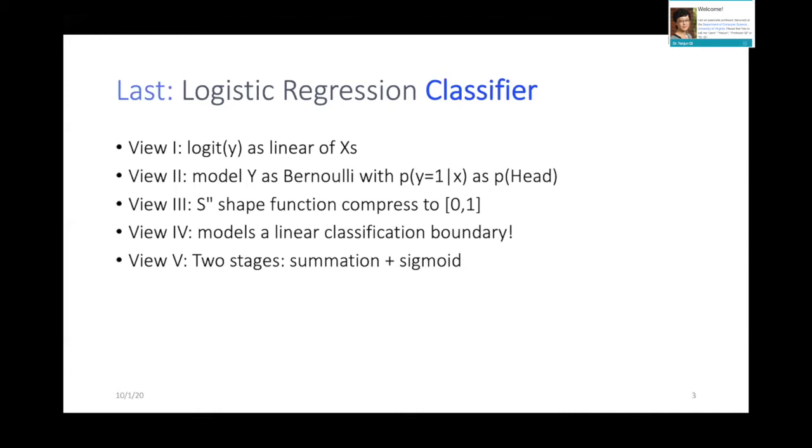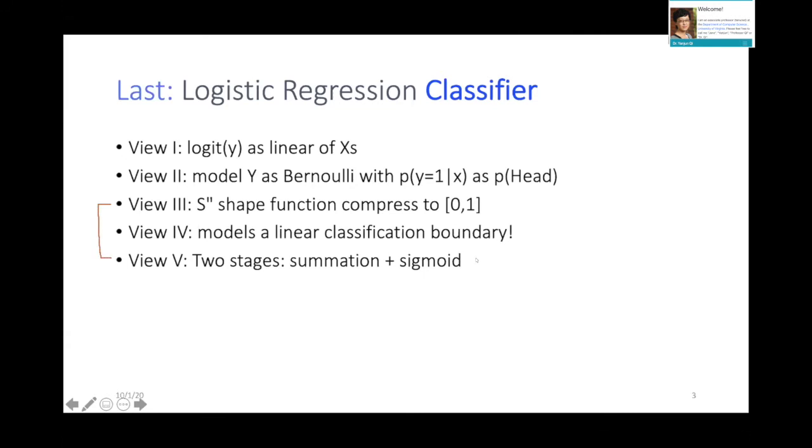And the fifth view is that we can treat logistic regression as a summation first and then sigmoid next. So view 3 and view 5 are more like the same angle.